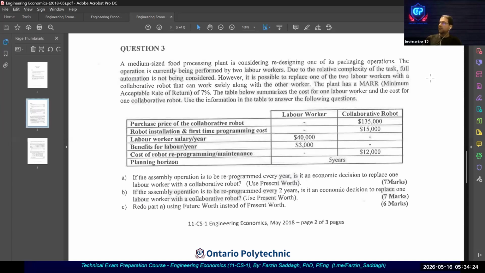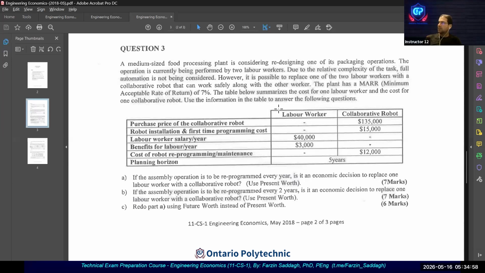However, it's possible to replace one of the two labor workers with a collaborative robot that can work safely along with the other worker. The plant has a MARR of 7%. The table summarizes the cost for one labor worker and the cost for one collaborative robot. Use the information in the table to answer the following questions.